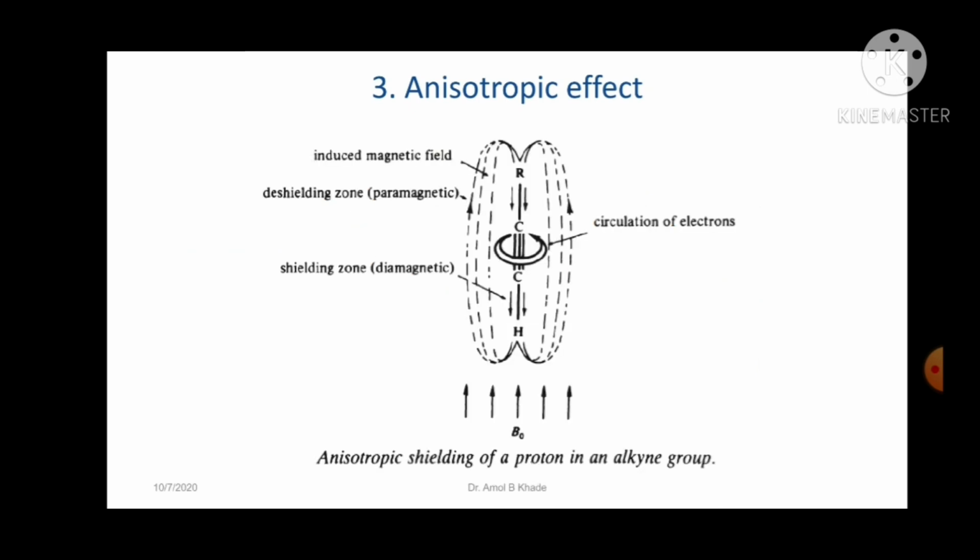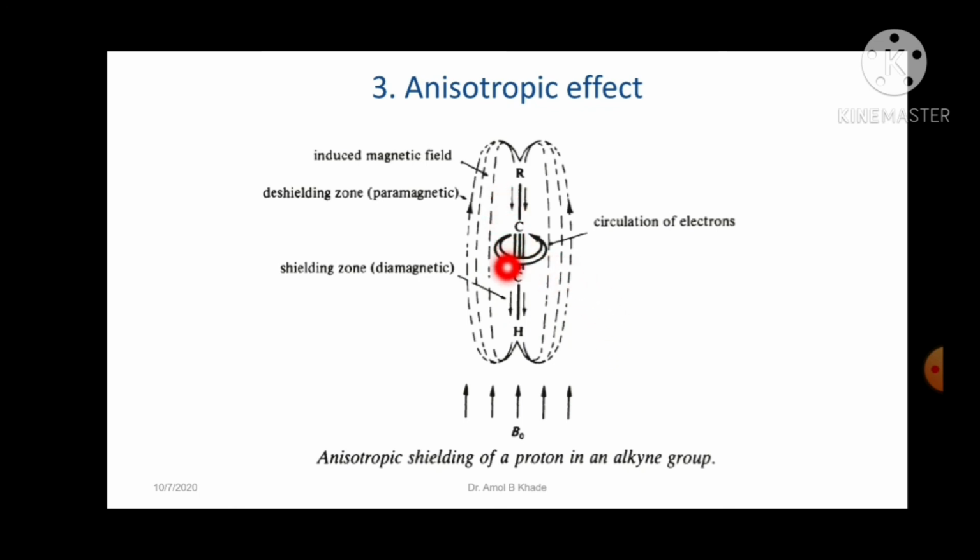Now another example of the anisotropic effect, especially with the alkyne group or acetylenic protons. You can see this carbon-carbon triple bond is arranged in this particular fashion under the influence of B0.